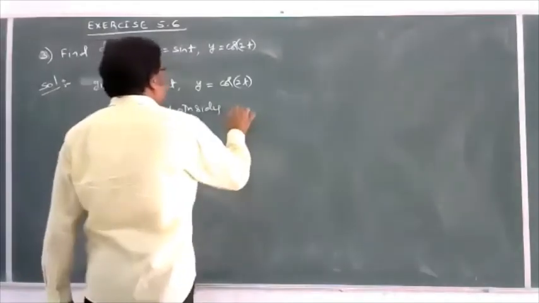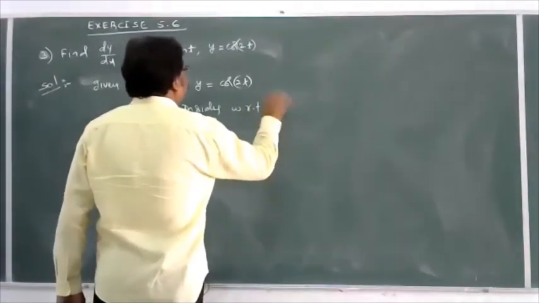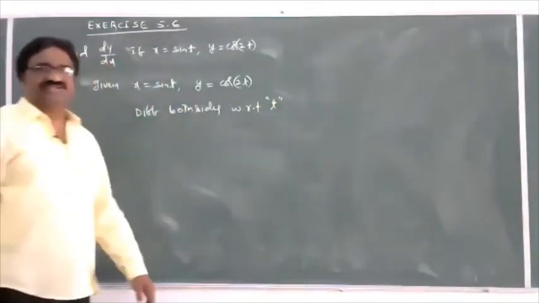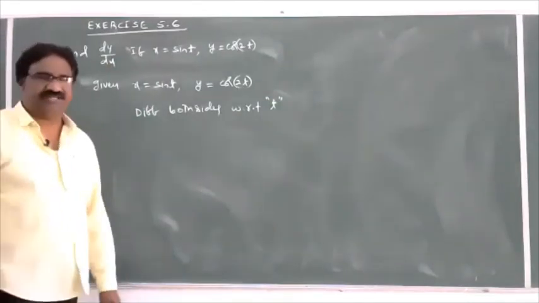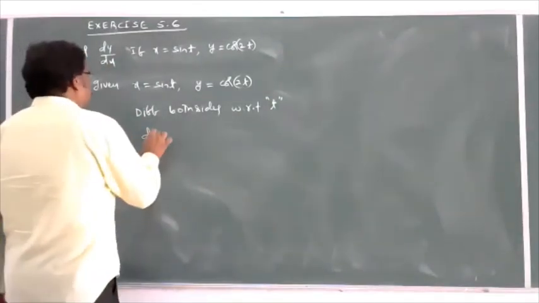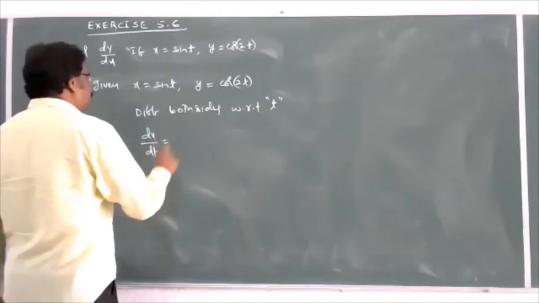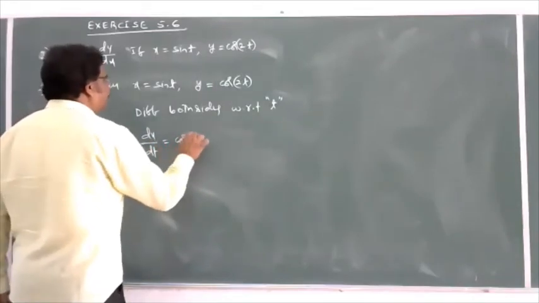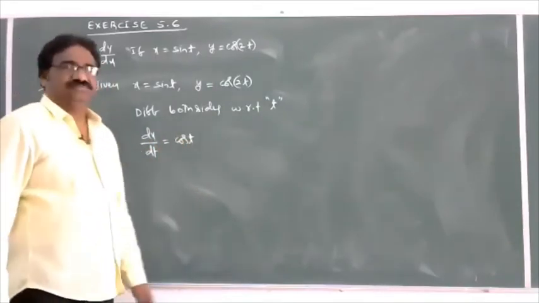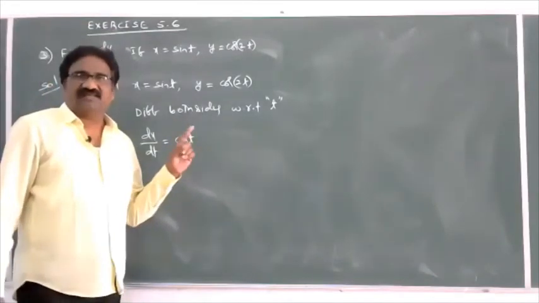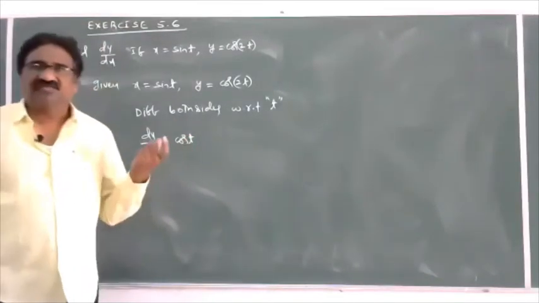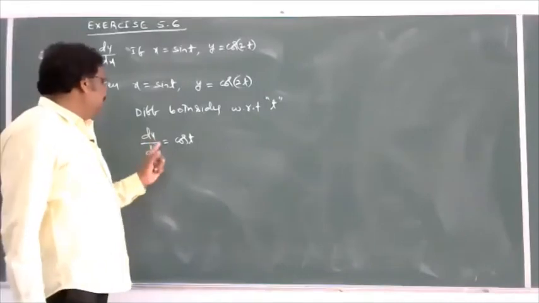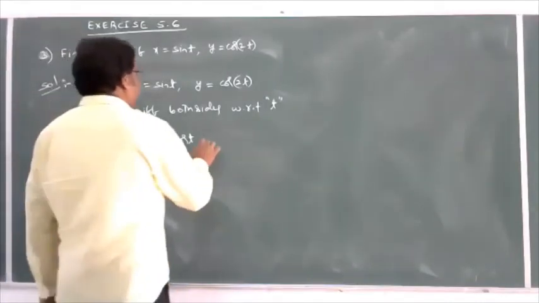Differentiating both sides with respect to t. dx by dt is equal to sin t derivative cos t. Here the parameter is t, that's why we differentiate with respect to t. That is, dx by dt is cos t.